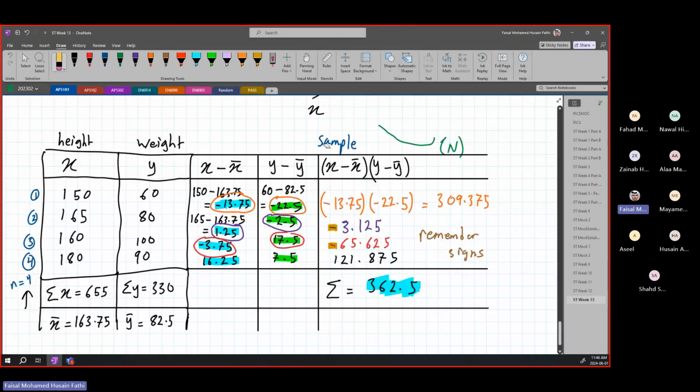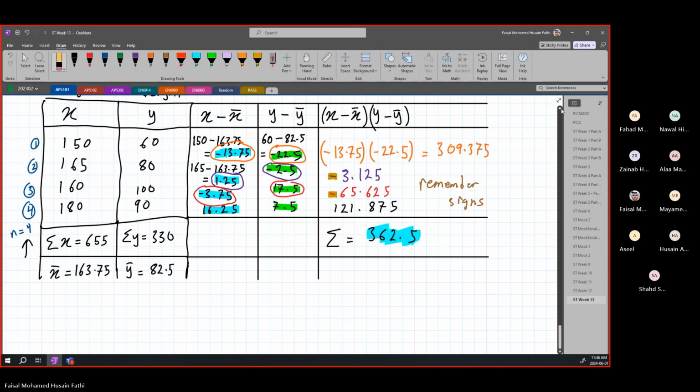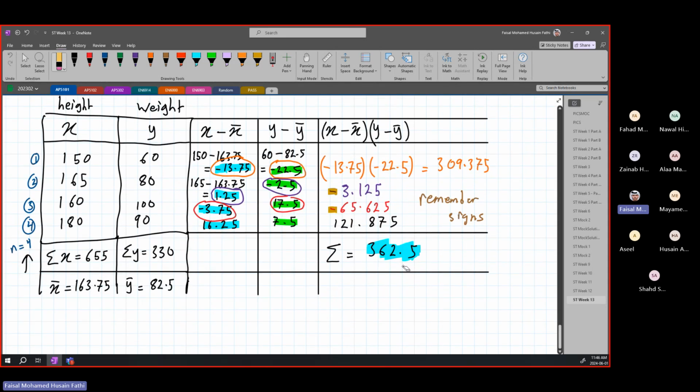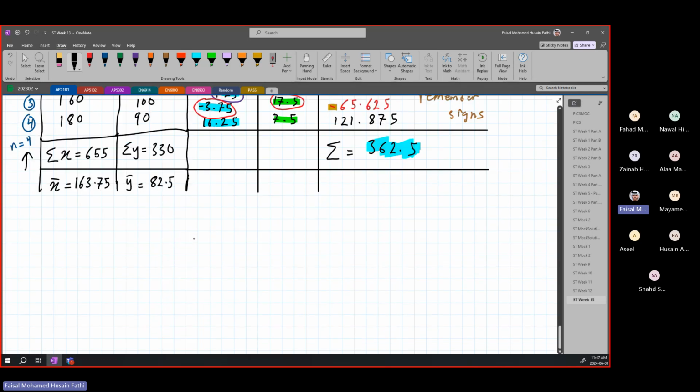There are 2 different ways you can find the correlation coefficient. If the question directly asks for the correlation coefficient, you can use two equations. So there's the first one, which is R. Second.